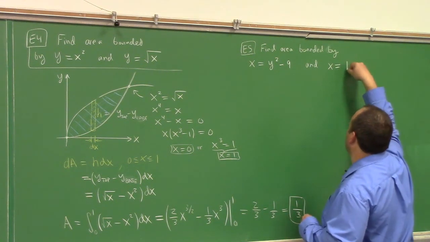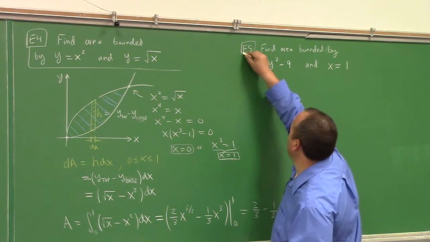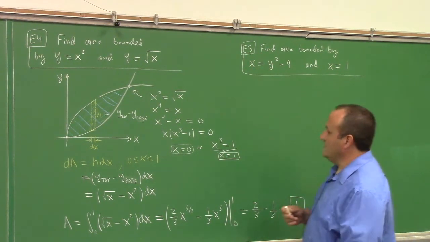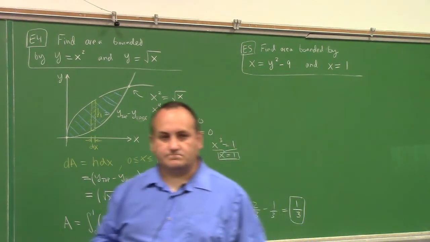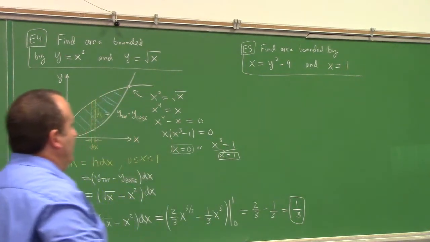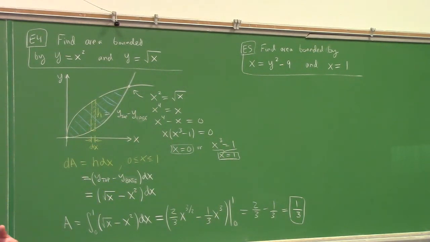I think that would be, hopefully that'll make sense. So for any of these find-area-bounded problems, the first thing you have to do is come to terms with what we are looking at. You need a picture of the area we're trying to calculate, because that's what informs the calculation.